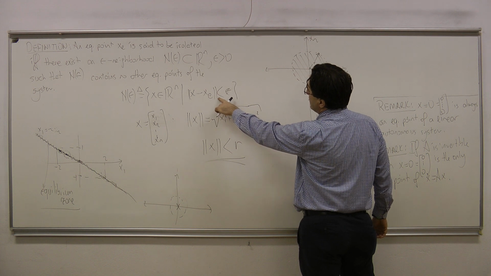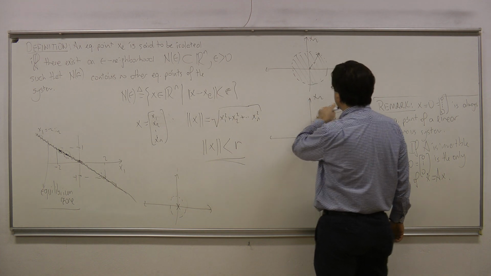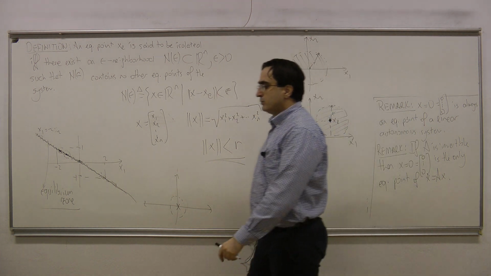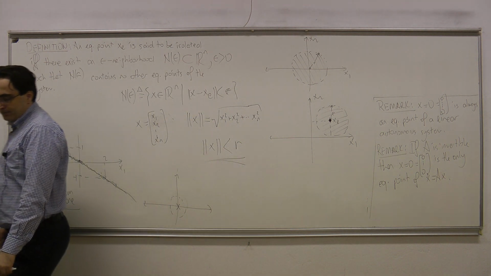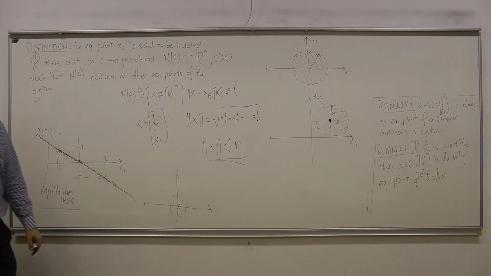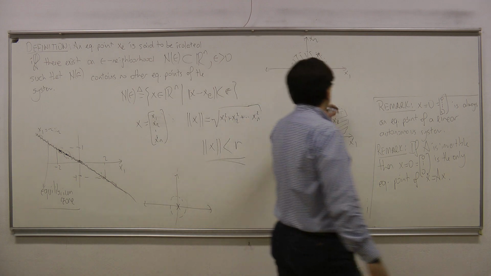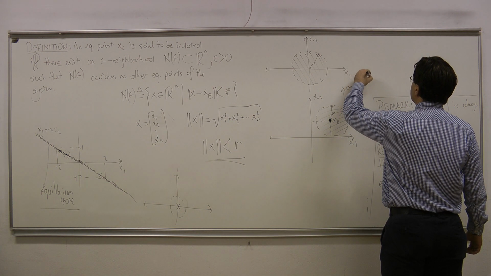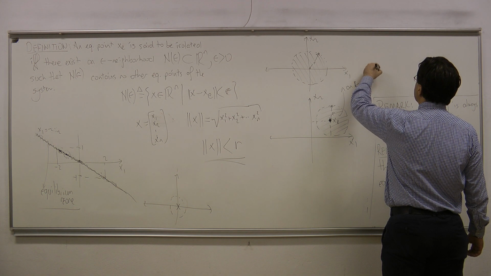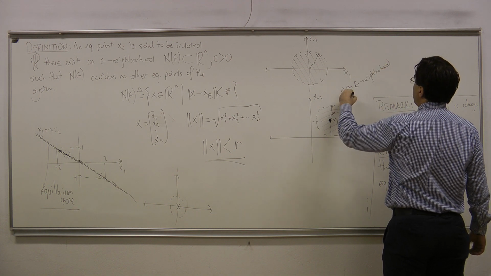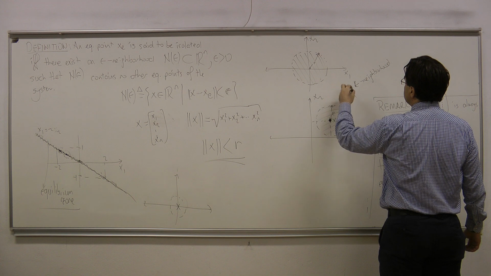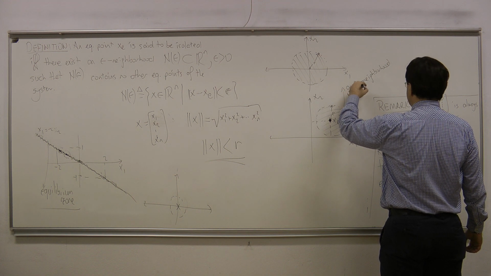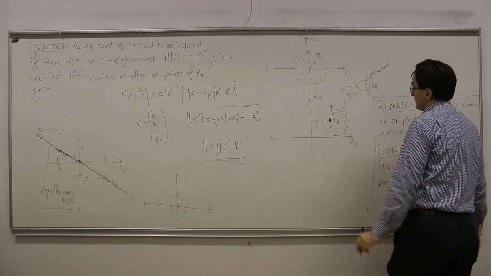If I have less than or equal to here, then the boundary would be included as well. Okay? So this is an epsilon neighborhood, and E of xe. Okay?